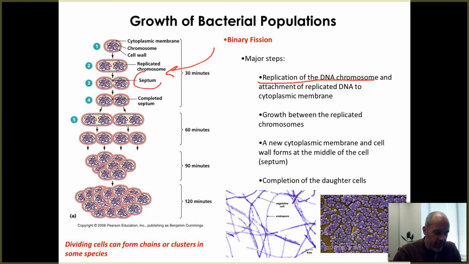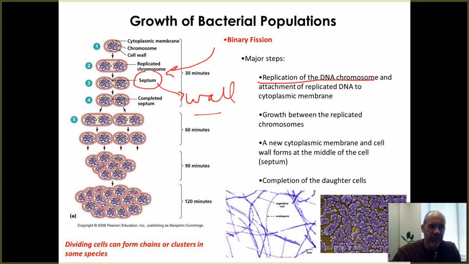Then a septum, another term for a wall or a division, begins to develop between those two copies of the DNA. So you've got to create cell membrane and cell wall. If you're a gram-negative bacterium, you're going to need a new outer membrane as well. So you've got to create a separation between the cells.